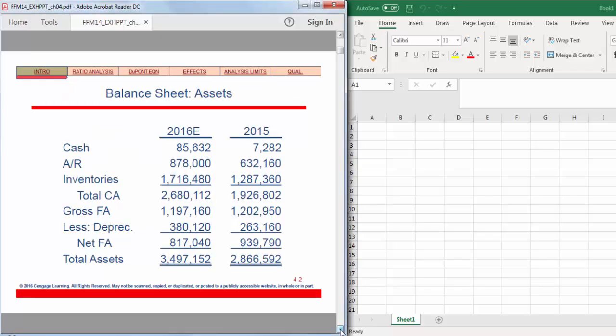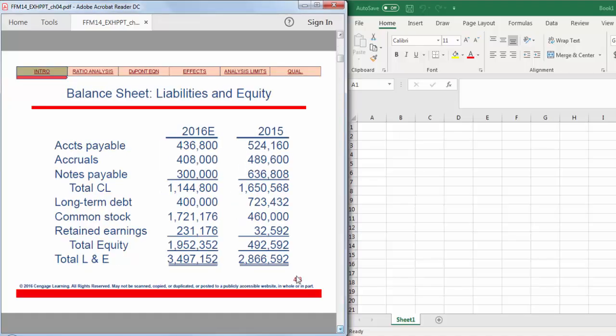So this is a mock balance sheet that we'll use for our discussion today, and we'll be looking at the actual 2015 and then estimate of 2016. So comparing the different aspects, and this is the liability and equity side of the same balance sheet.